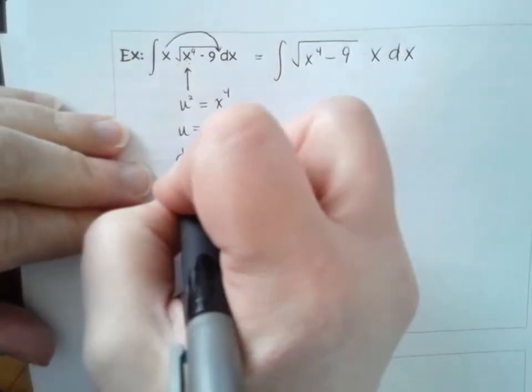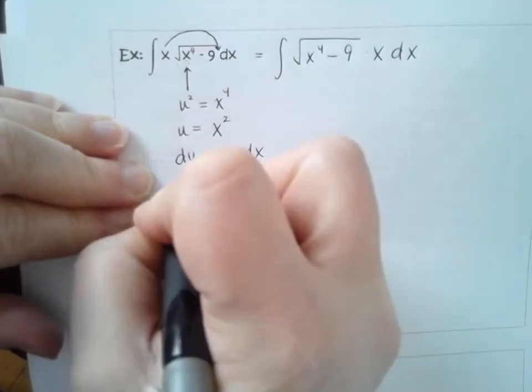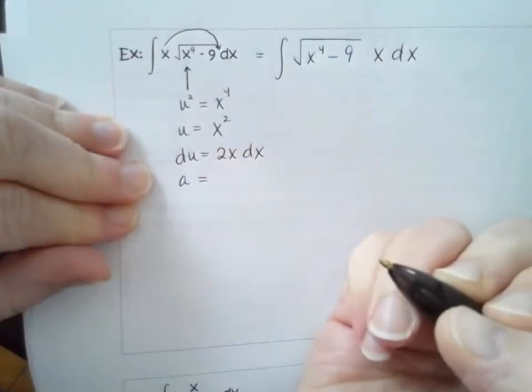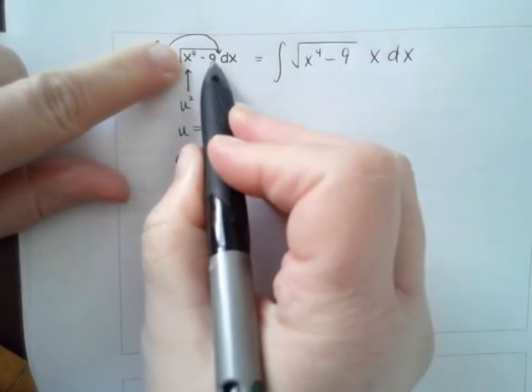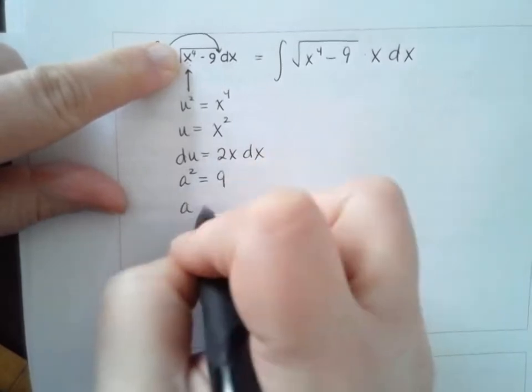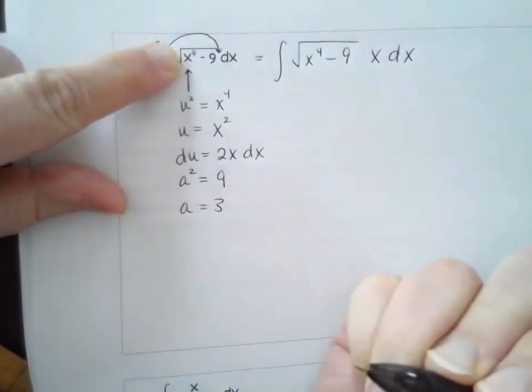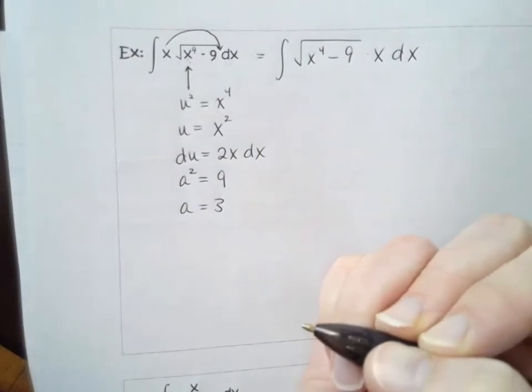So I'm going to keep track of some information that I'm finding out. What do you suppose a is? Well, if this is u squared, then that's probably a squared, which means a is 3. Okay? So let's look and see what category this might fall into.